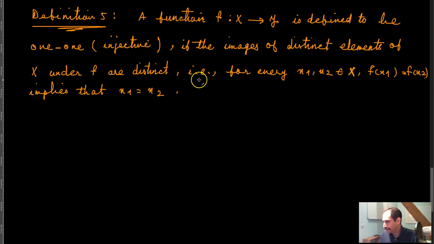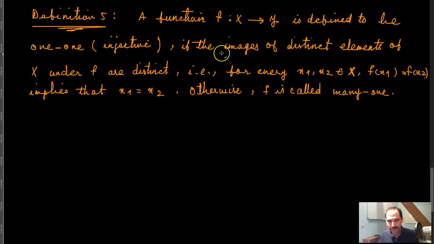And otherwise, you can say that f is called many 1. So basically we have two ideas here.